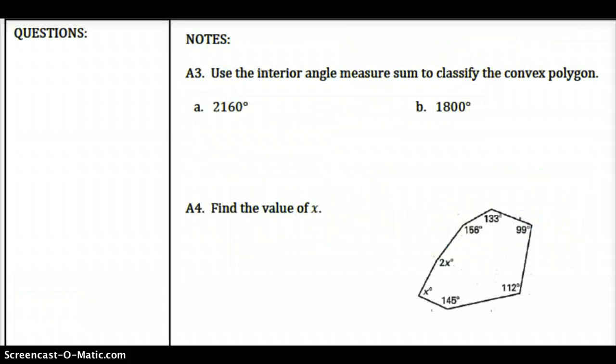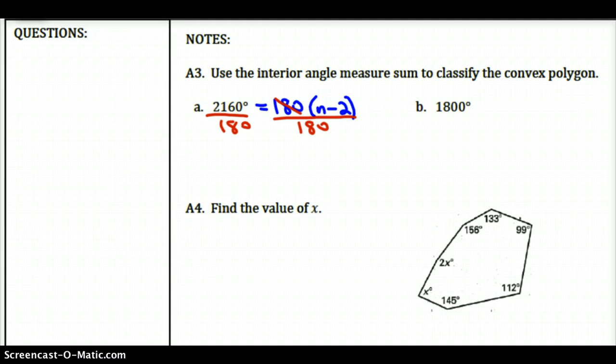Continuing here. There's some additional problems here. Now here they give us the total. They want us to find the number of sides and then name it. So this has to equal 180 times n minus 2. A good step here is to divide by 180.